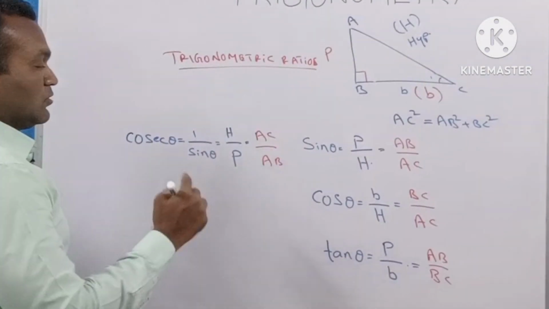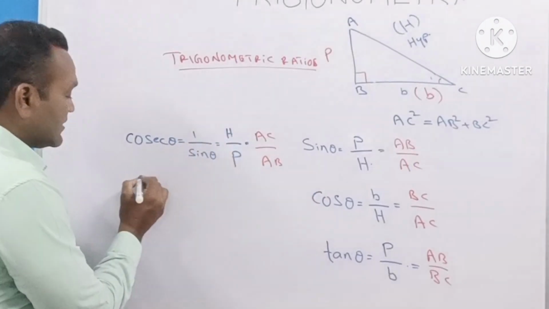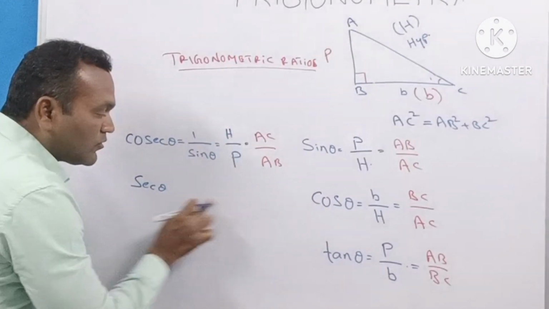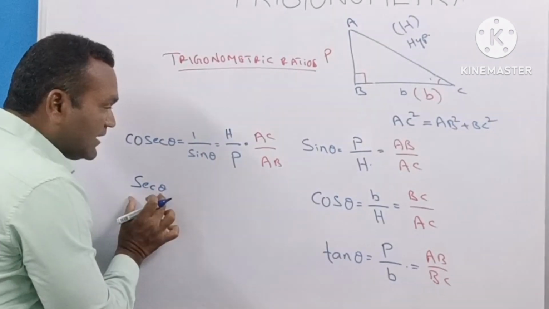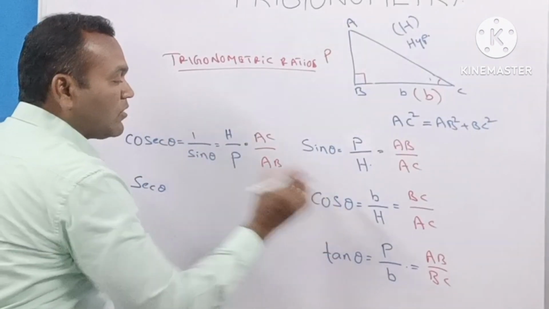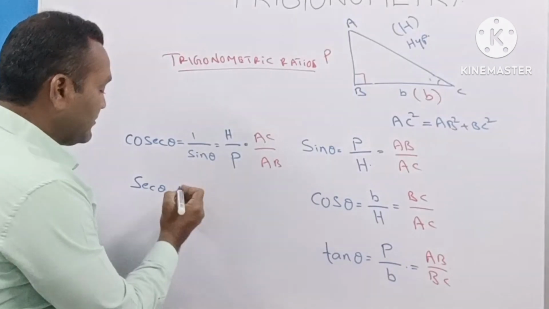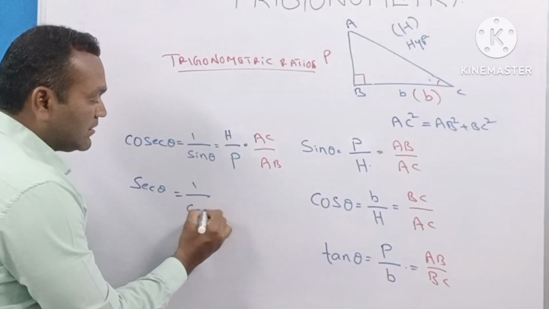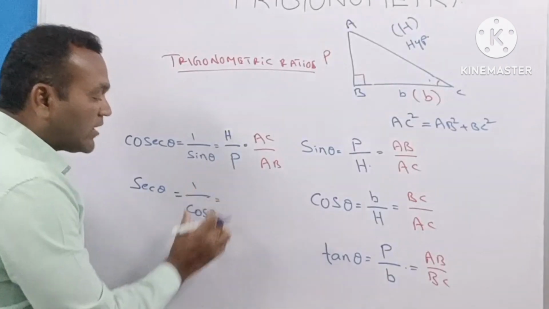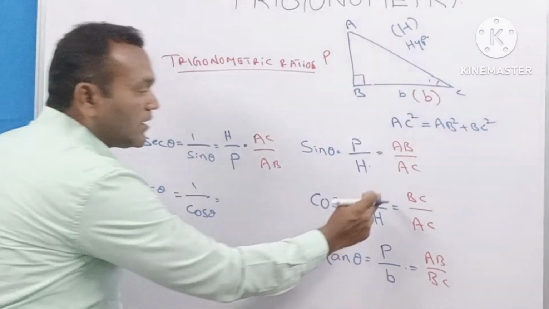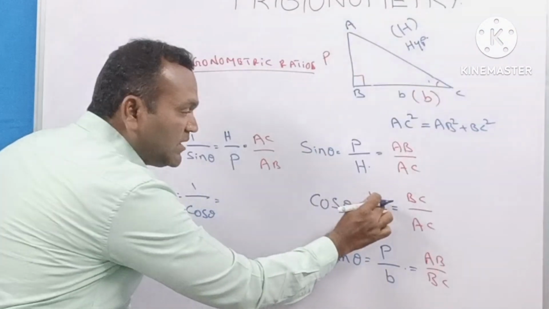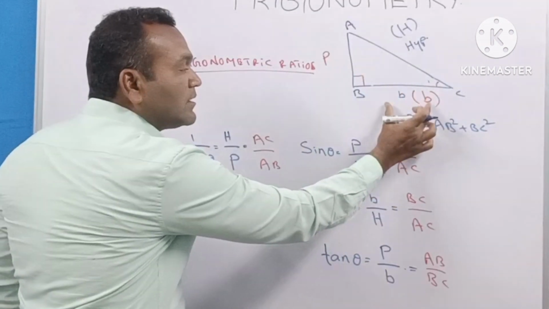So guys, the next thing is sec theta. Why am I writing in this row? Because sec is the opposite of cos, or you can say reciprocal. Sec theta equals what? 1 by cos theta. What is the formula of cos theta? B upon H, B divided by H. What is B? B means this base.